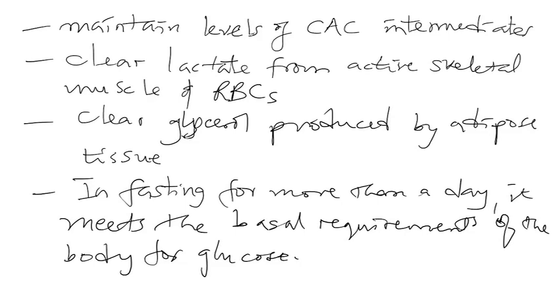And then also in the fasting state, where somebody is not taking carbohydrates, or they are not having a meal, the gluconeogenic pathway is activated to meet the basal requirements of the body for glucose. So those are the important aspects of gluconeogenesis. Let's look at the reactions of gluconeogenesis.